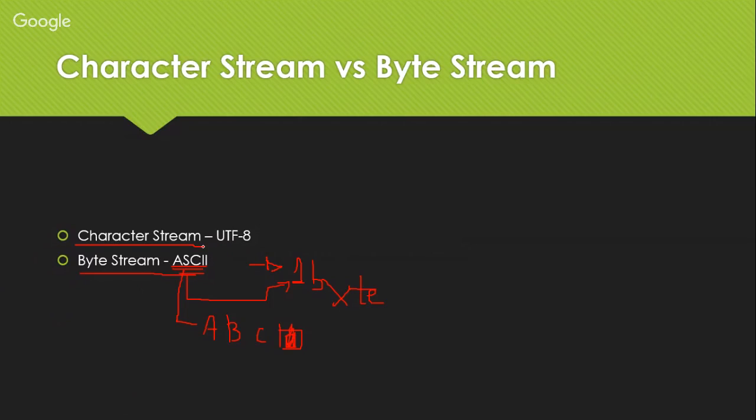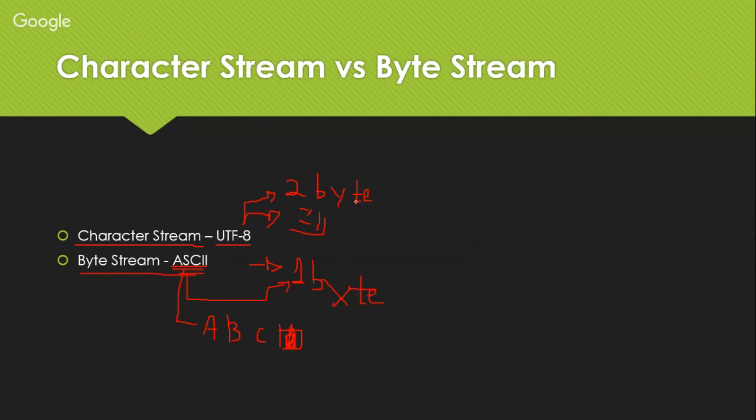But the character stream will handle UTF-8. It is a table of characters that covers most of the characters in the world. We have characters such as Japanese, etc. But the problem is that UTF-8 uses 2 bytes per letter.